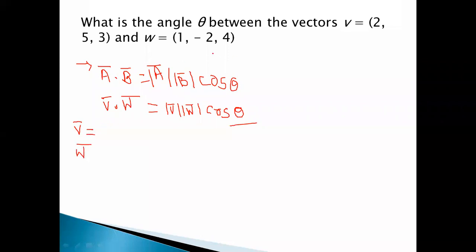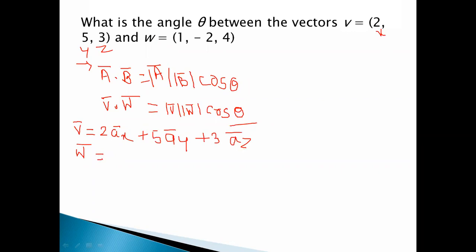These are the X, Y and Z coordinates of vector V and vector W. So V bar can be written as 2a bar x plus 5a bar y plus 3a bar z. So this is your vector V bar.